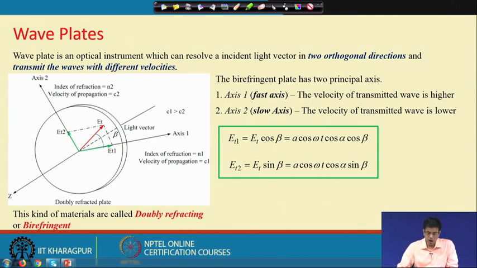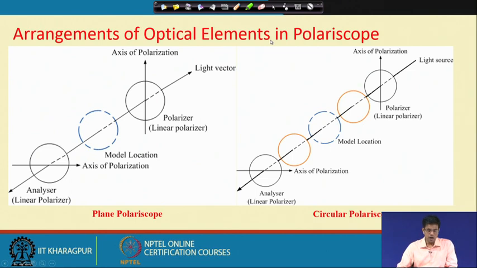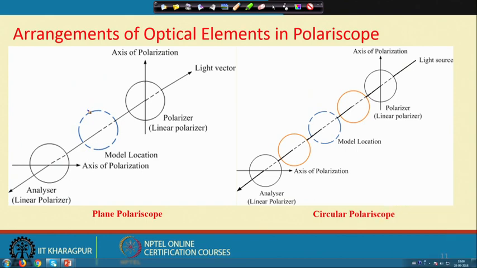Now, the arrangement of optical elements in a polariscope. This is essentially a linear polarizer, where this is a model location and this is a light vector going through it. The axis of polarization for the polarizer will be perpendicular, and one of them will be orthogonal to the other direction.